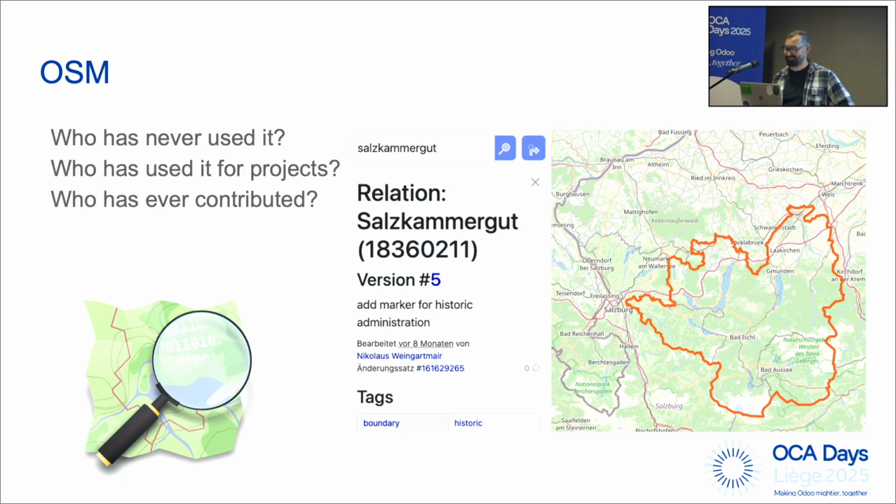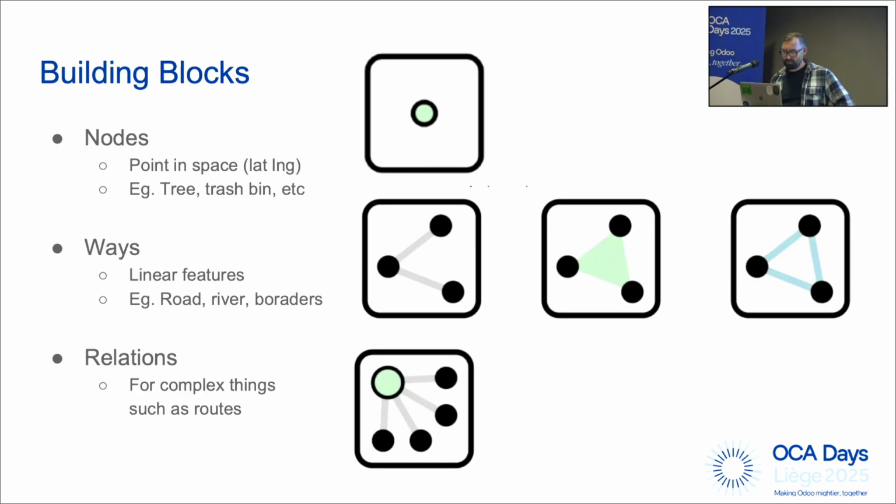Okay, a few hands. Okay, just for the rest of you, OpenStreetMaps has three data types. One is a node, a way, which is basically multiple points, and then the relationships where you can combine different nodes and ways.